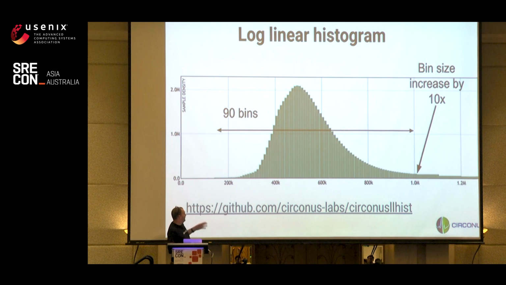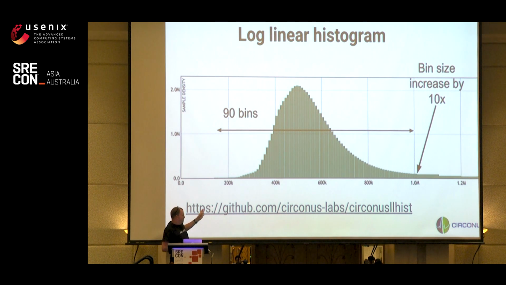So here's another view of the log linear histogram. As you can see, between 100,000 microseconds and 1 million microseconds, we chop that up into 90 bins. You'll also hear the term bin phrased as bucket. Potato, potato. Wikipedia says bin, so I've gone with that.